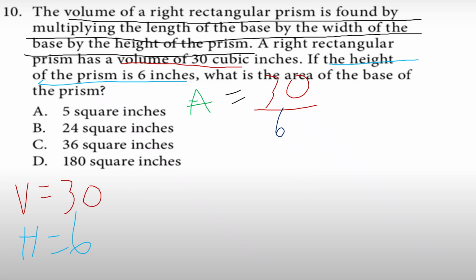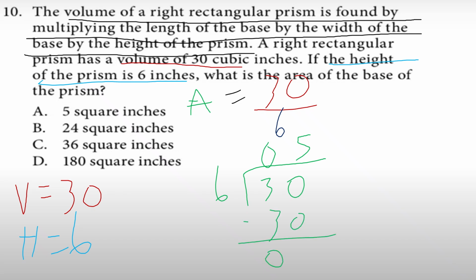That's going to get in the way. 6 can't go into 3, so we put a 0 over there. 6 can go into 30 5 times. 5 times 6 is 30. And this works out perfect. So our area is going to be 5 square inches.